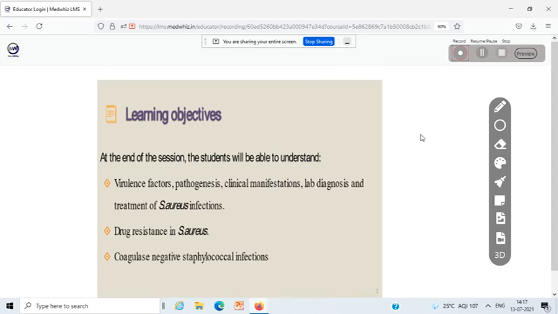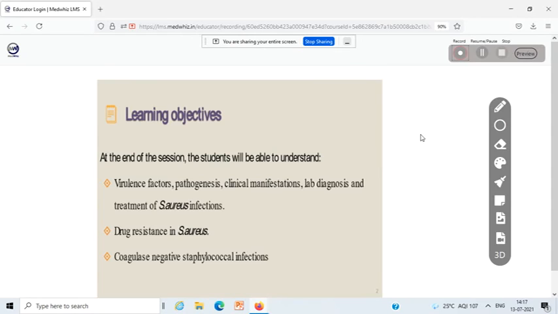Today I'll be teaching you all about the virulence, pathogenesis, clinical manifestations, lab diagnosis, etc. And in the next class, which is tomorrow, we'll be dealing with drug resistance and coagulase negative staph. Very important topic, often asked in your main questions and short essays.